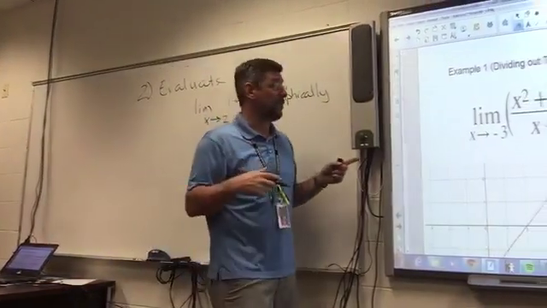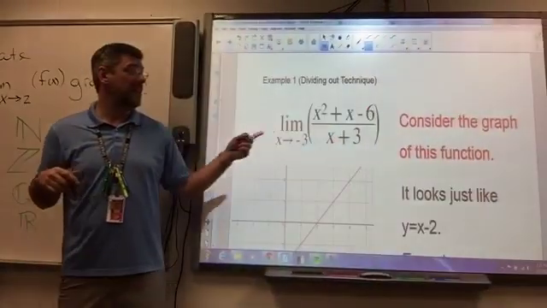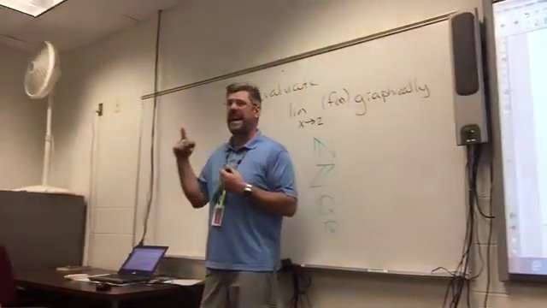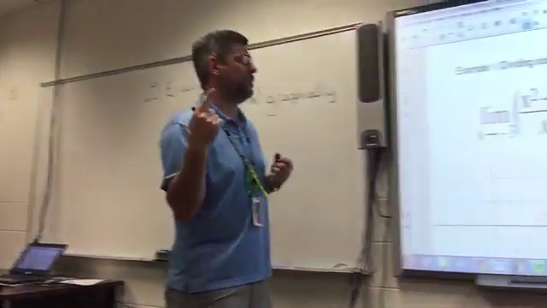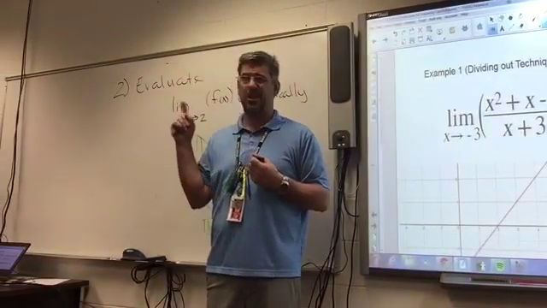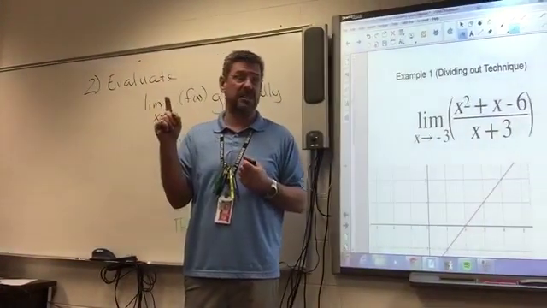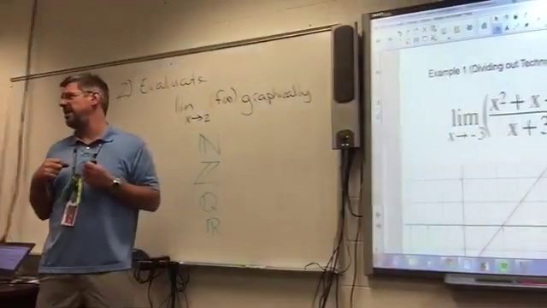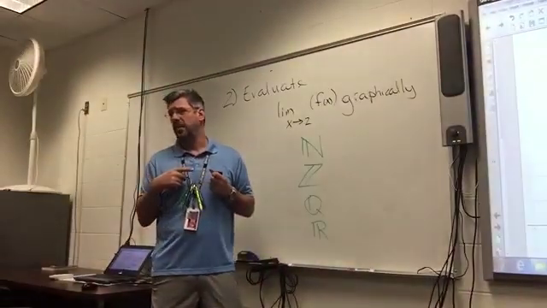Okay? First of all, let's consider the limit as x approaches -3 of this function. If I use direct substitution initially, that should always be my first instinct, right, is to use direct substitution. If I use direct substitution here, though, what do I get? What do I get, Jet?